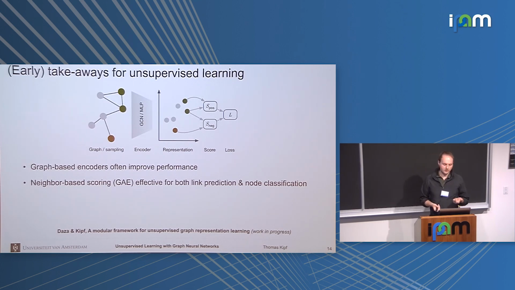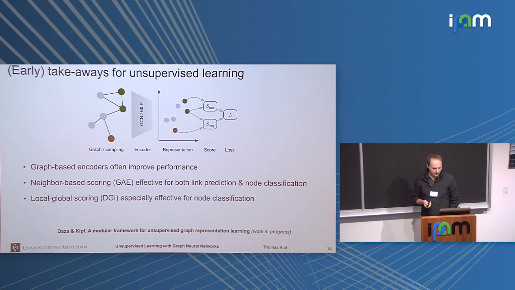You can also embed nodes based on this simple link prediction objective and use these node embeddings for downstream tasks like node classification. For another method like the Deep Graph Infomax paper, they do local-global scoring, and their method is especially effective for node classification, but the embeddings you learn there are not very useful for link prediction directly, for example.